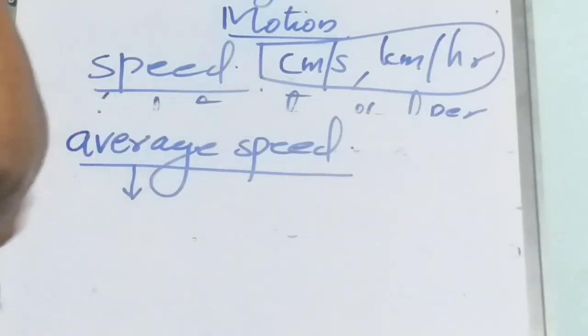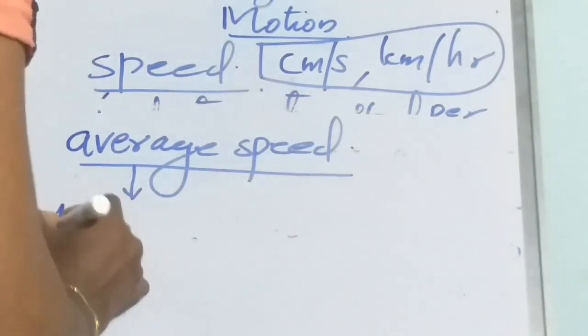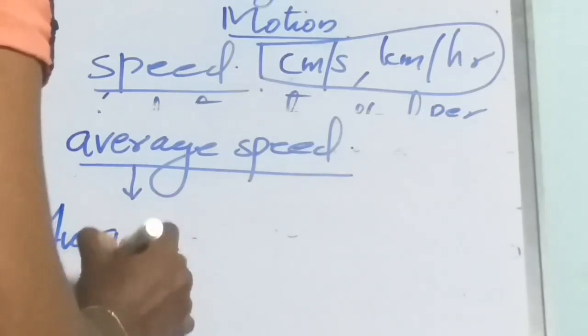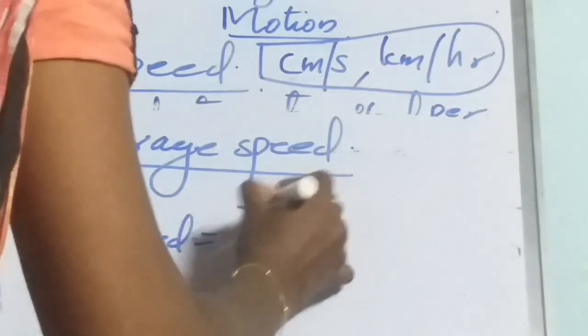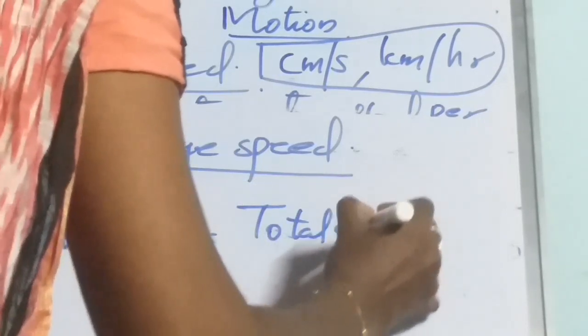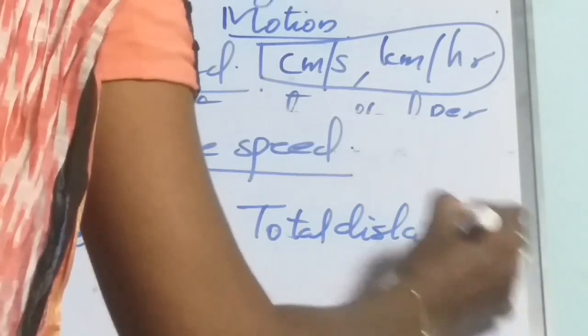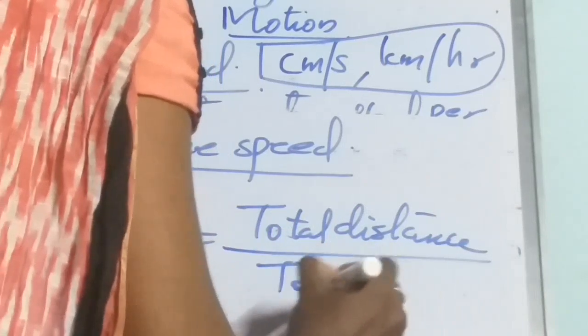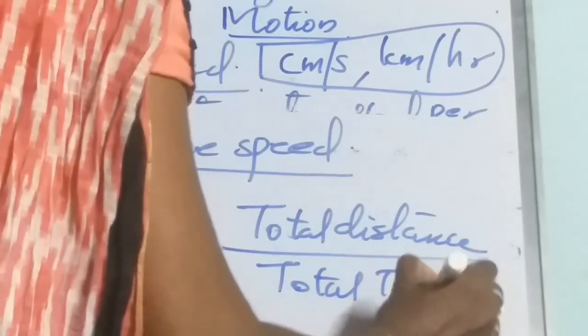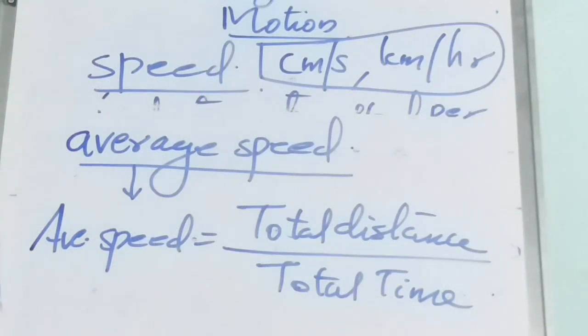Then how do we obtain average speed? It can be obtained by dividing the total distance travelled by the total time taken.